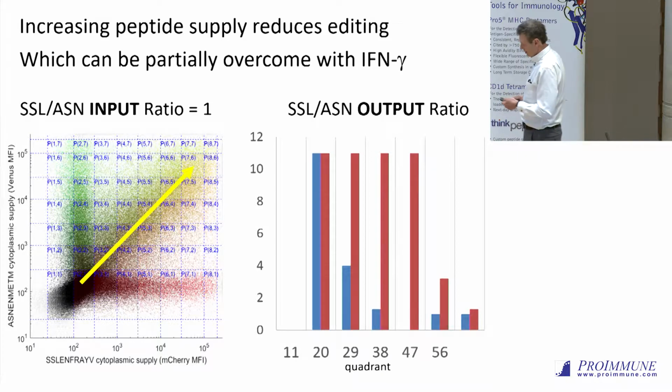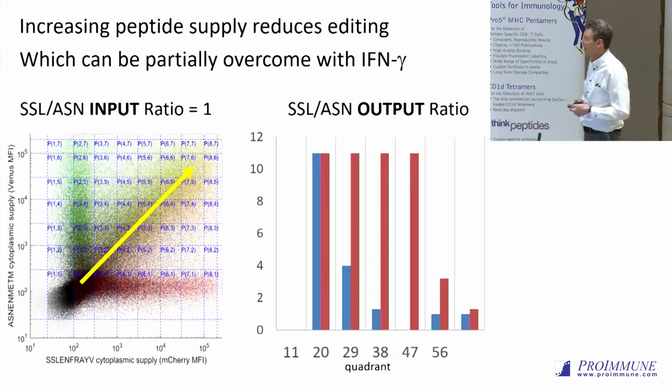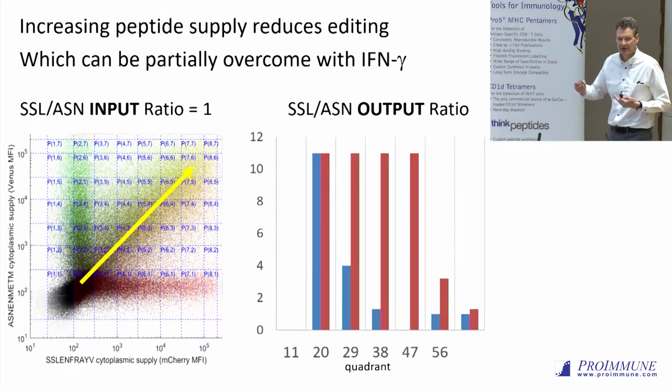And I want to finish just with this observation, which is what happens to the relative abundance of our two peptides, our high and low affinity peptide, as we simply express both to higher levels. We don't change the ratio. The ratio here is still 1:1 as we go up this diagonal. What happens to the relative expression at the cell surface?